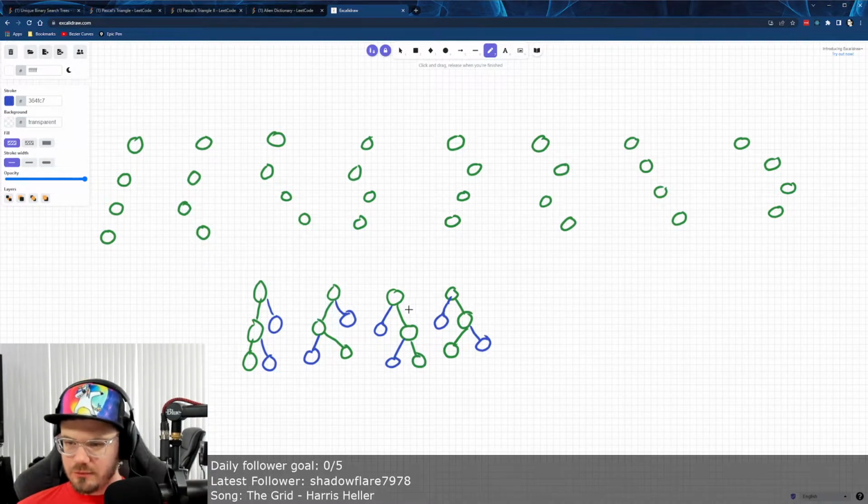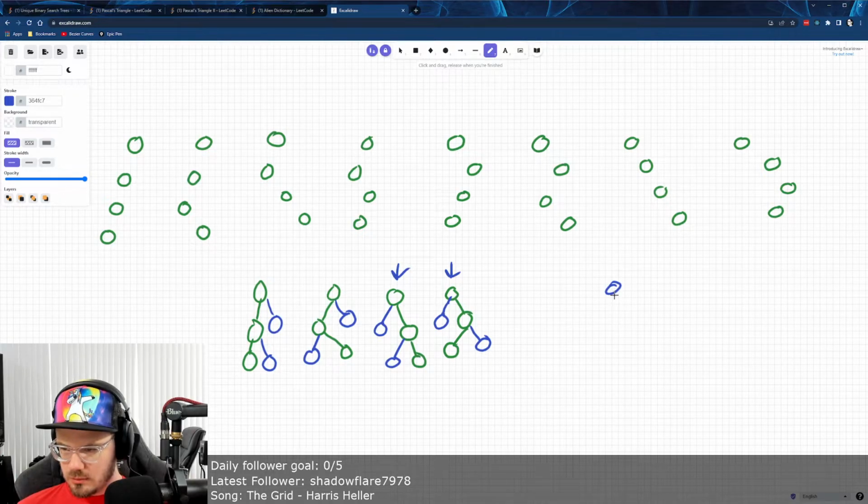Oh wait, no, we do have duplicates. This one and this one both have one that looks like this. They also, oh okay, there's more duplicates. They also both have one that looks like this.